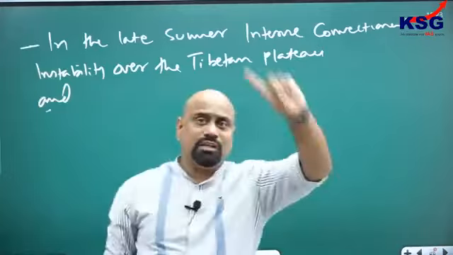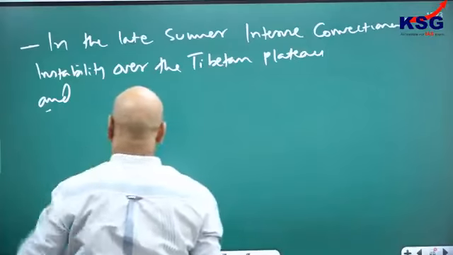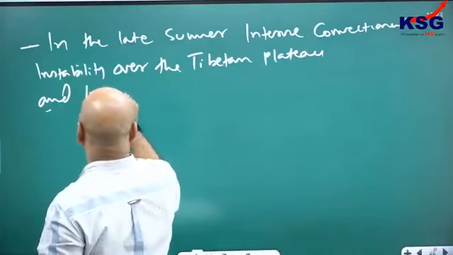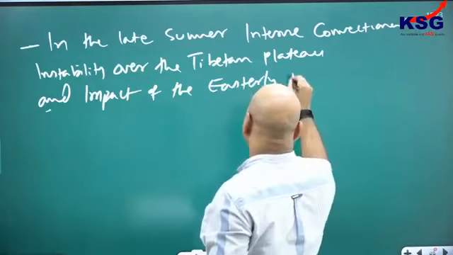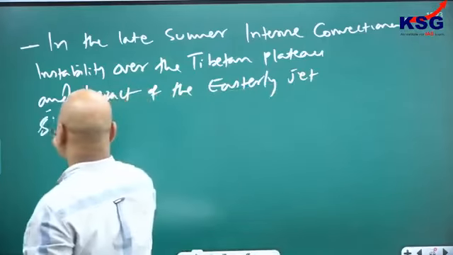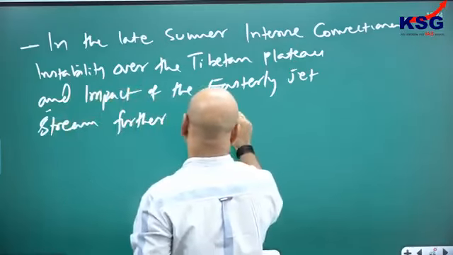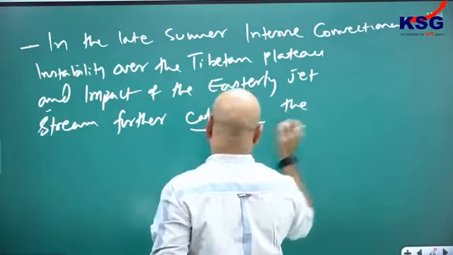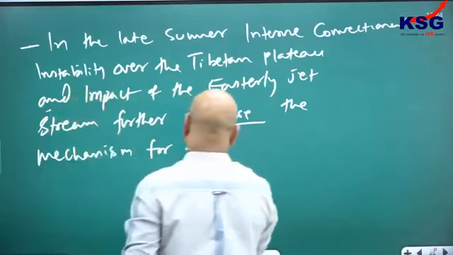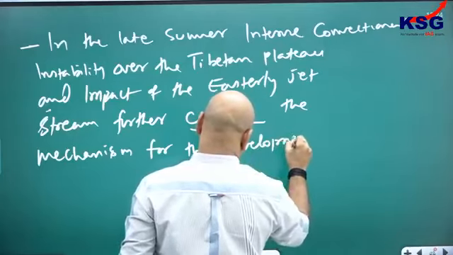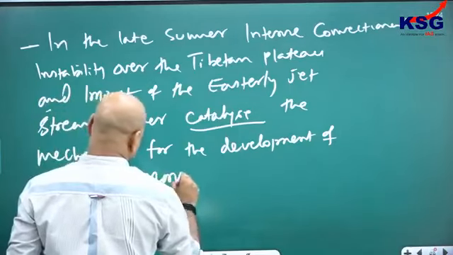Intense low pressure over the Tibetan plateau and another point is the impact of the easterly jet stream further catalyzes the mechanism for the development of the southwest monsoon.